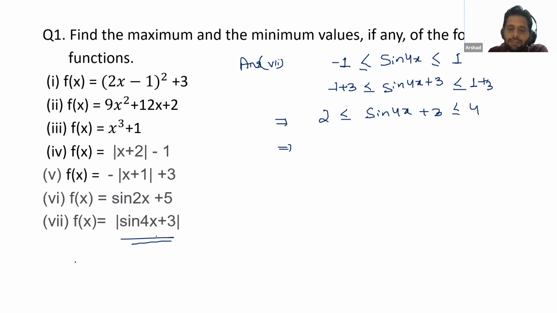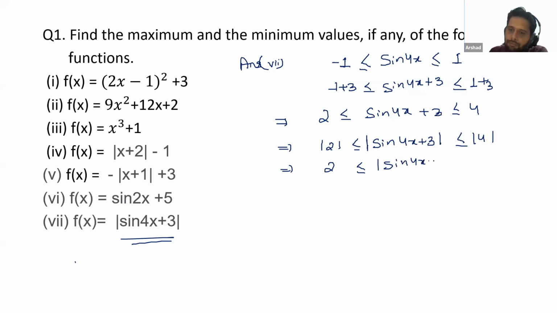Now, the question has a modulus, so we will find the modulus. As both sides are positive, there will be no change in the inequality. So we have 2 less than or equal to mod of sin 4x plus 3 less than or equal to 4.